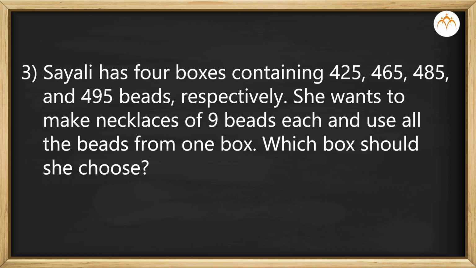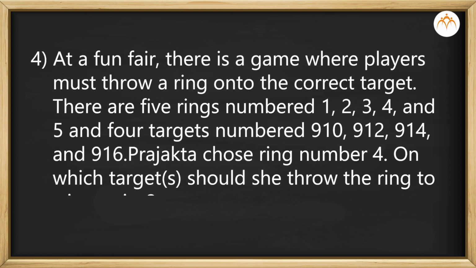Siley has 4 boxes containing 425, 465, 485 and 495 beads respectively. She wants to make necklaces of 9 beads each and use all the beads from one box. Which box should she choose? At a fun fair, there is a game where players must throw a ring onto the correct target.